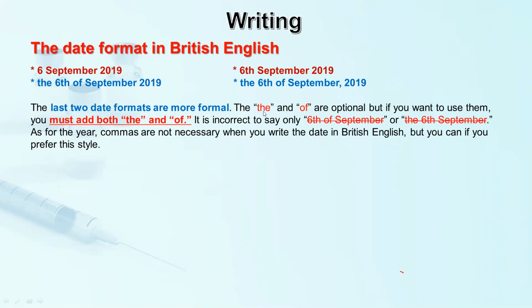The article the and the preposition of are optional, but if you want to use them, you must add both the and of at the same time. It's incorrect to say only 6th of September or the 6th September. No, this is incorrect. You have to say the 6th of September.